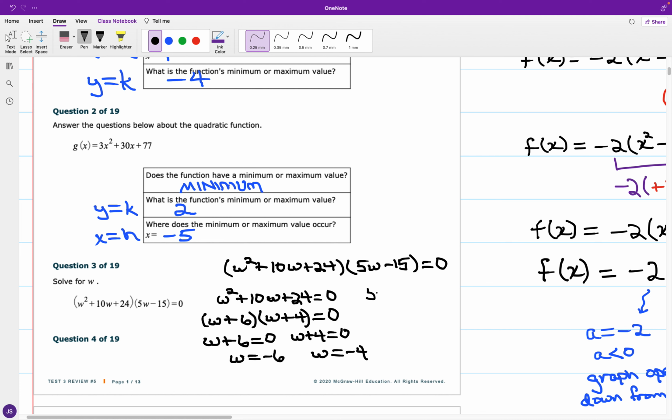And for 5w minus 15, if I set this equal to 0, I can solve this linear equation by adding 15 to both sides. So 5 times w is equal to 15, and w is going to be equal to 3.